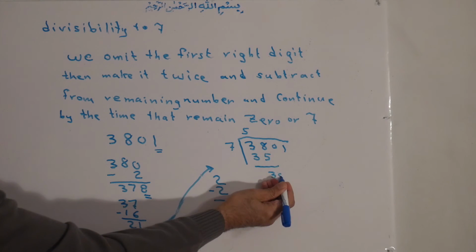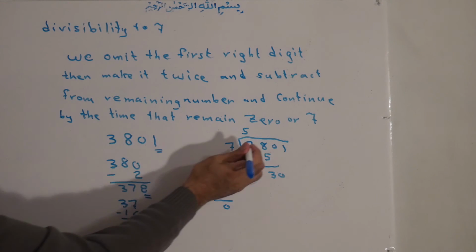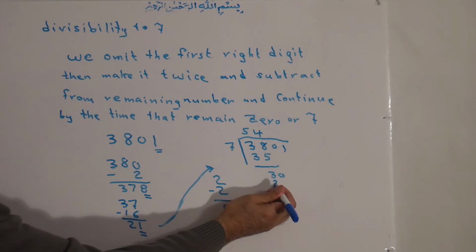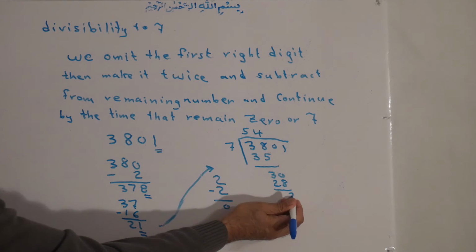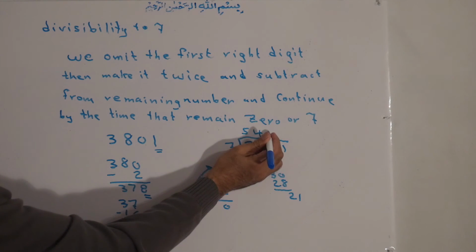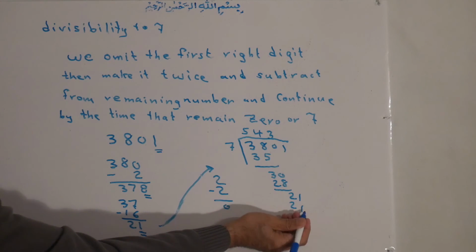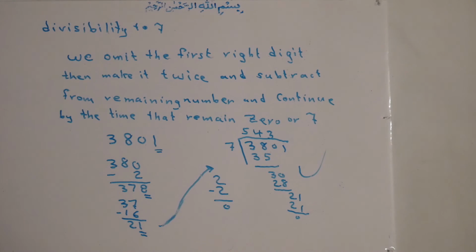We bring down 0. Then 4 times 7 is 28. Remaining 21. 3 times 7 is 21. Remainder 0. So this is divisible by 7.